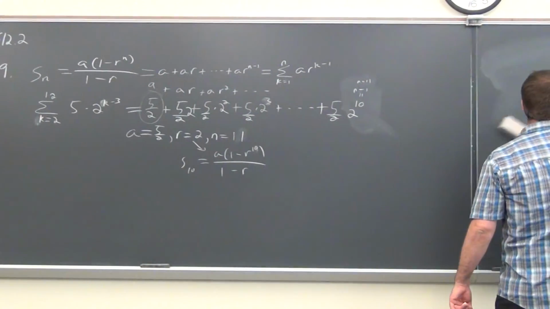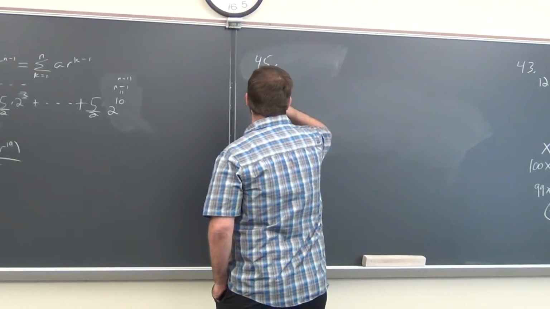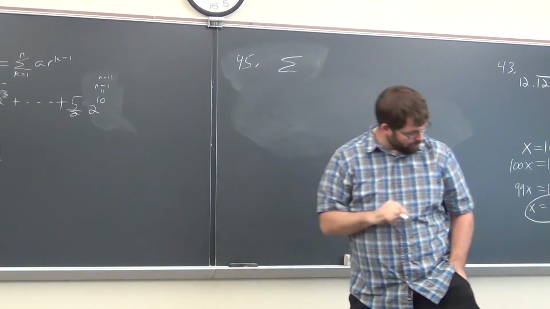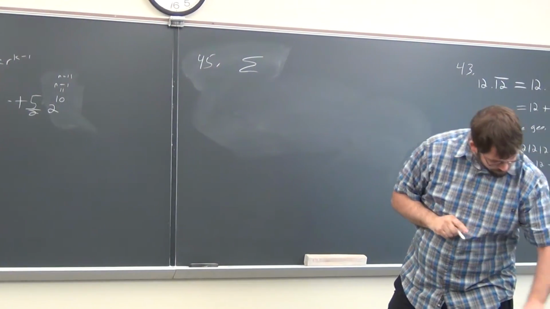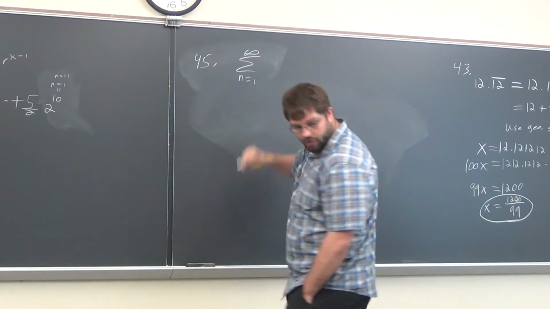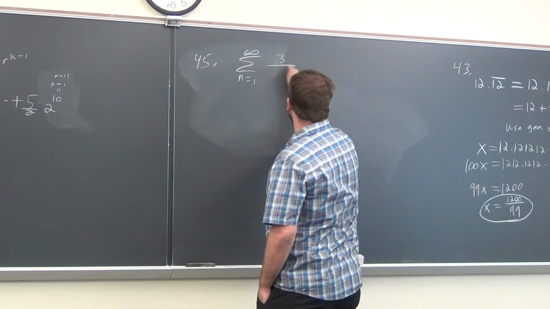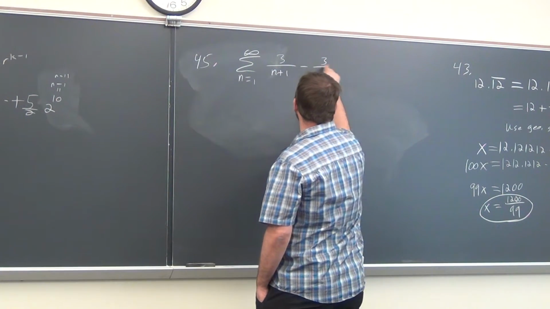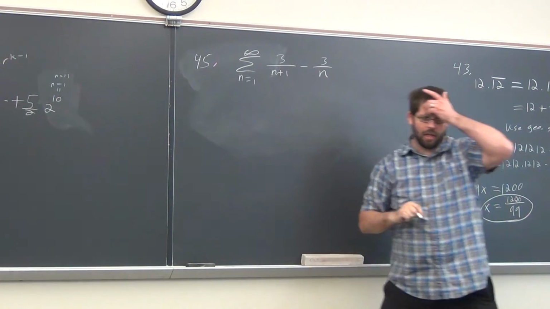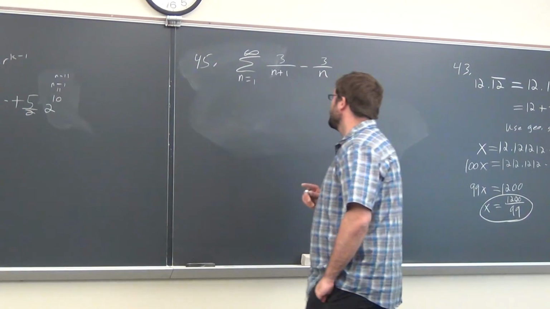We have, up here, it's 45. The sum is from 1 to infinity, and 3 over n plus 1 minus 3 over n. And so now we want to add this up and see what we end up with.